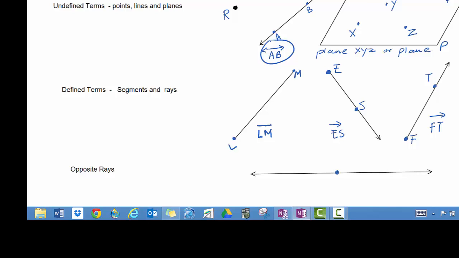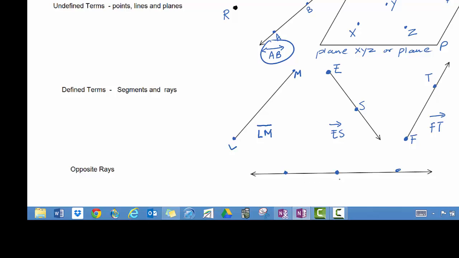Let's say you have 3 points on a line, and therefore these points are collinear because they lie on the same line.